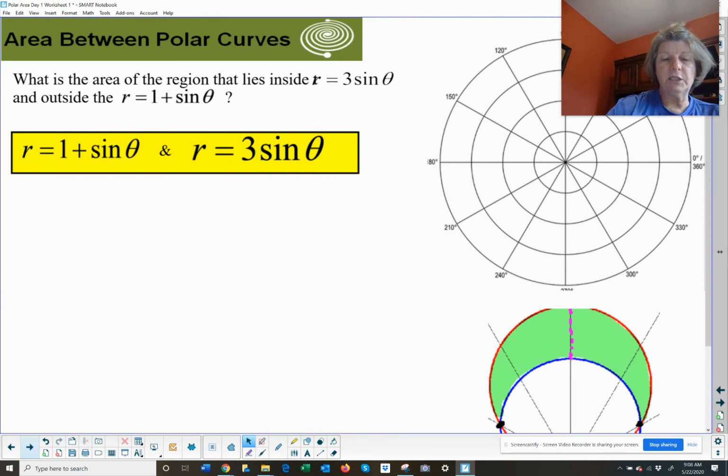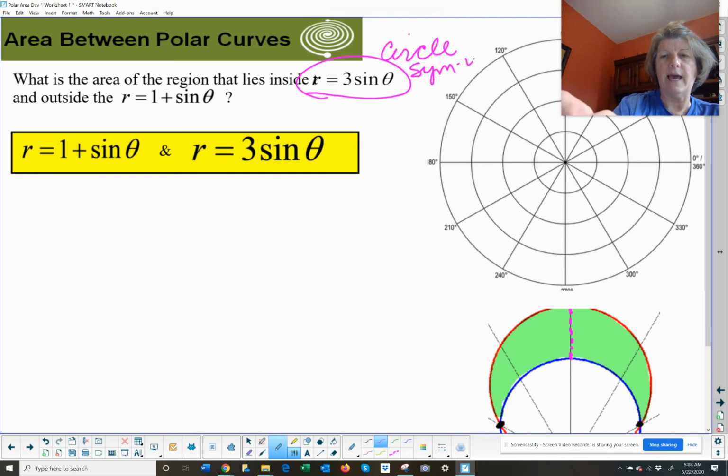So what kind of shapes are those? Well, hopefully you can recognize that this is a circle. Its symmetry is the y-axis, and its diameter is a 3. So we'll get that one laid out.